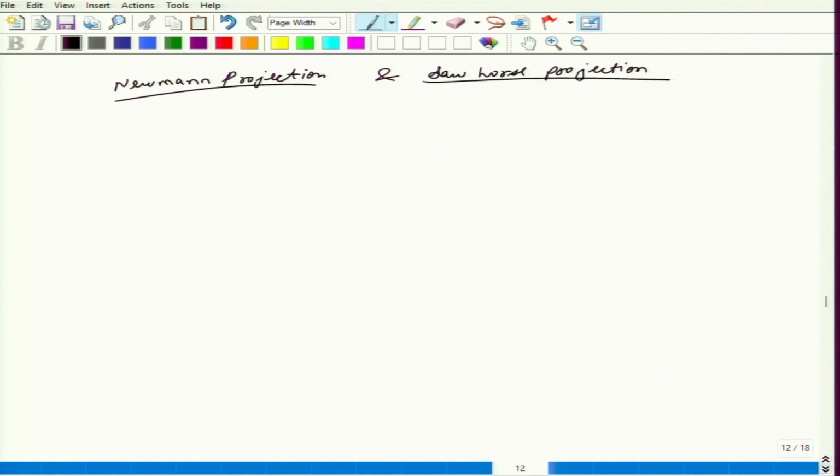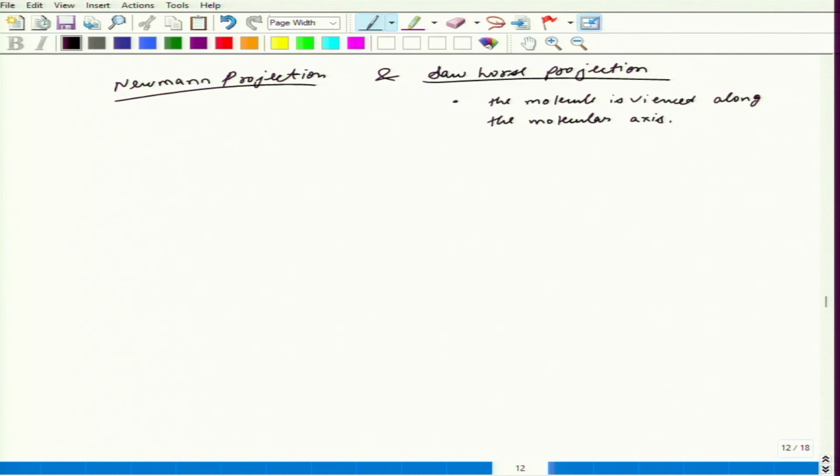Okay. Better start with the Sawhorse projection first. What happens in the Sawhorse projection? The molecule is viewed along the molecular axis. We all know what projections are.